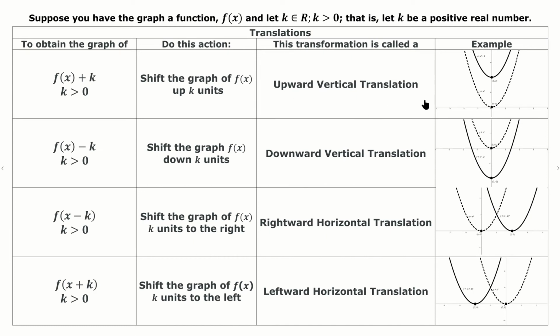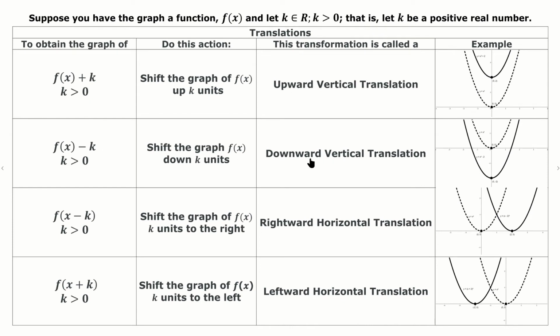And this is called an upward vertical translation. So take any graph, as long as you're adding k to the entire f of x or the y value, you're basically increasing all the y values by 3. Okay? You want to shift the graph down k units, just look at f of x minus k.